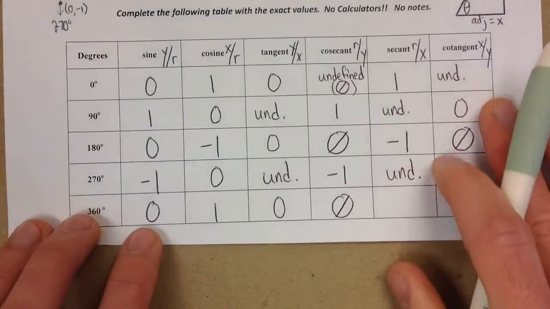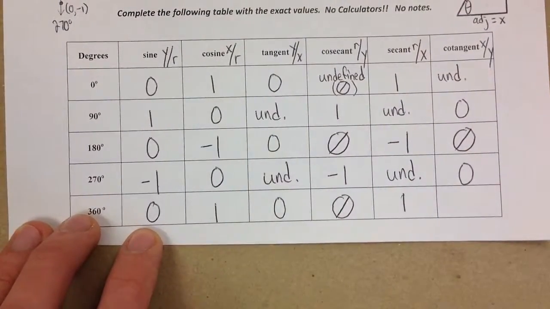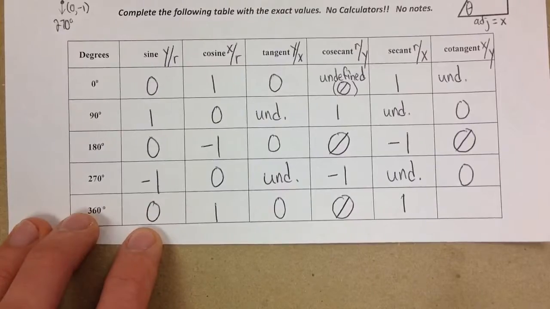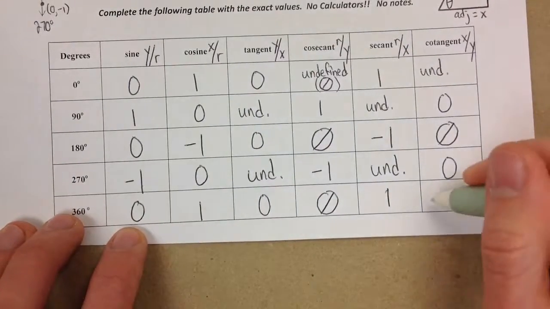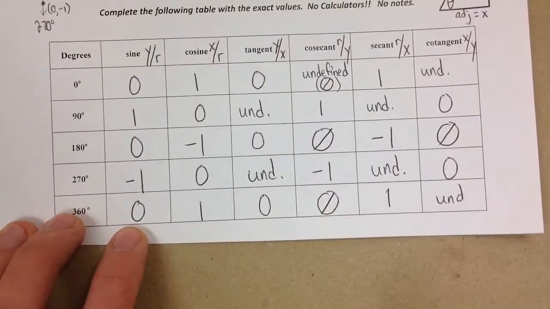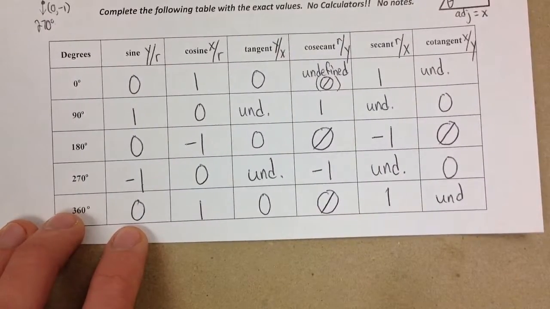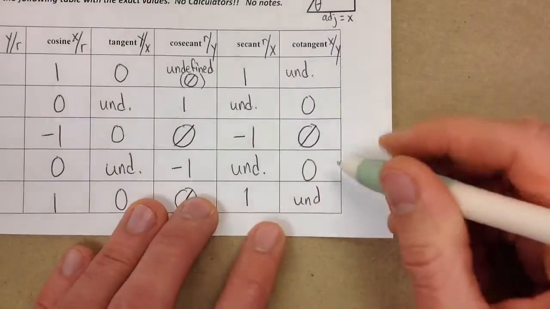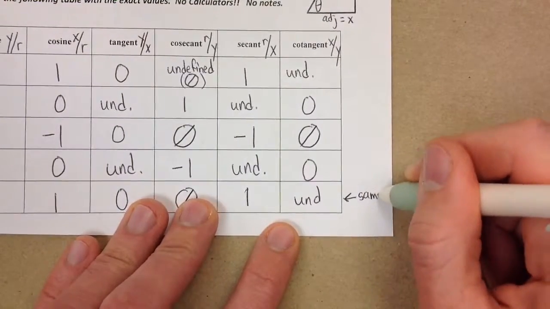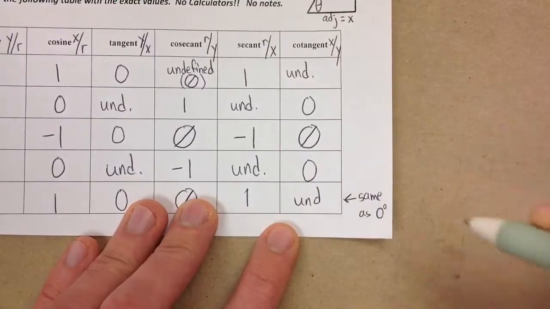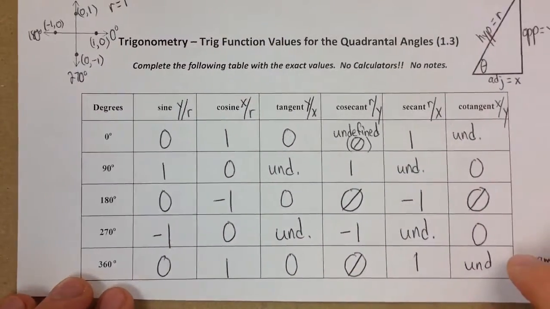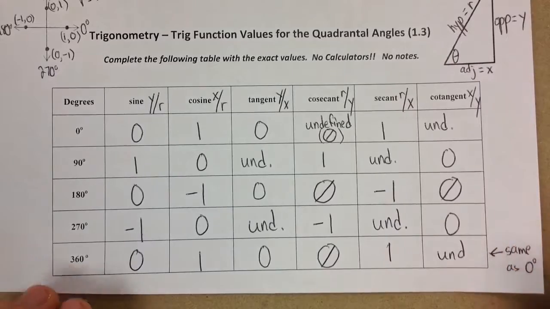Very good. Val, cotangent 360? Undefined. Notice that the 360 row is the same as 0. Okay. Any questions on that table? I encourage you, rather than memorize, to understand why the values are what they are. Okay?